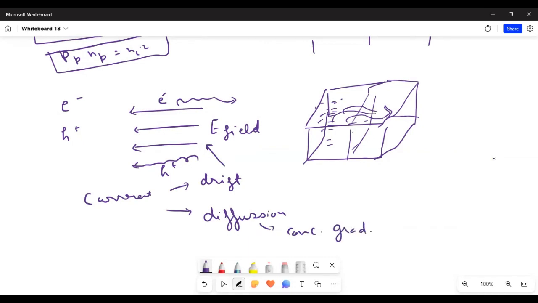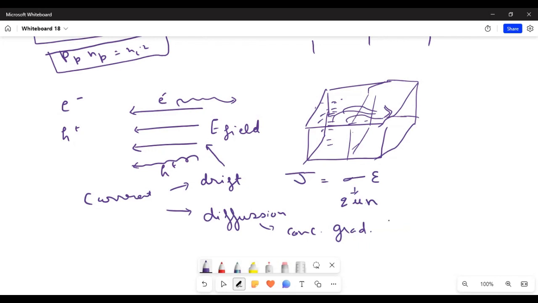For a semiconductor, usually the drift current density is equal to conductivity times electric field. This can also be written in terms of the charge Q, the mobility, and the number of charge carriers: for electrons it will be q mu n, and for holes it will be q mu p.